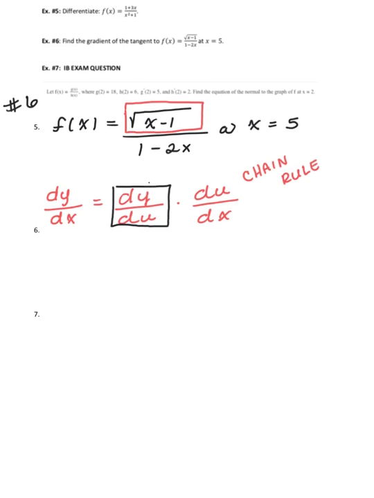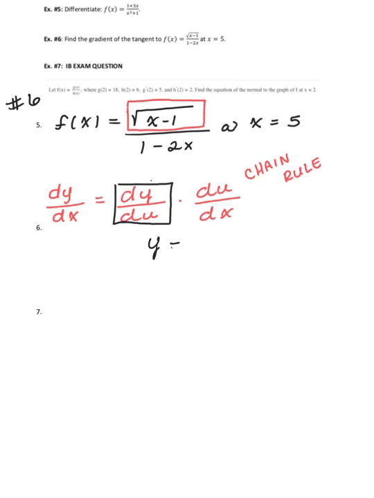So my big picture is the square root of u, which I can rewrite as u to the 1/2. Okay, that's my big picture. Now u is my small picture. It's that thing inside of the larger picture, which is just x minus 1, right?